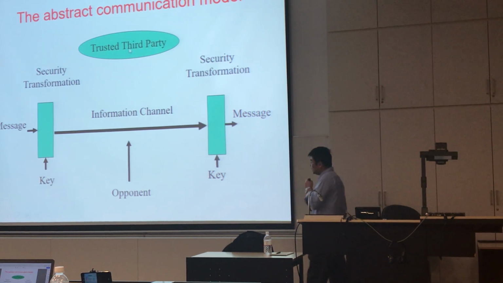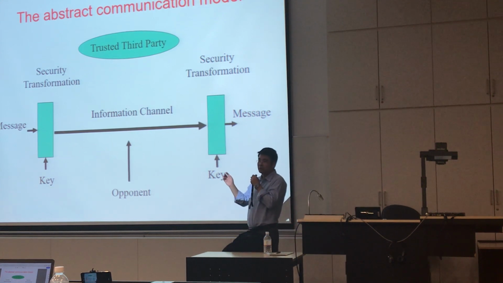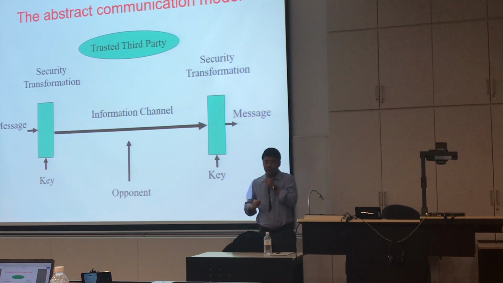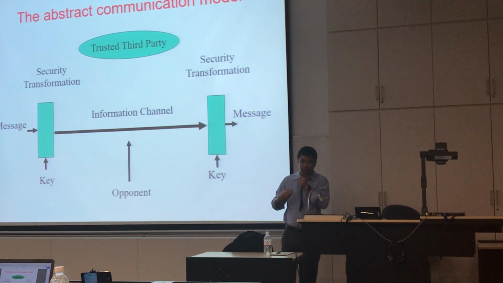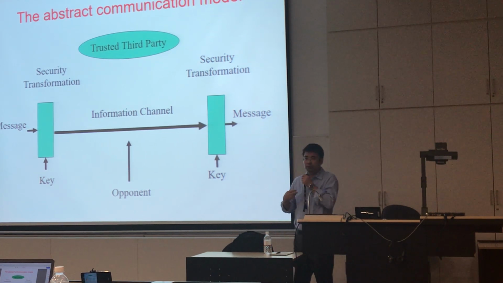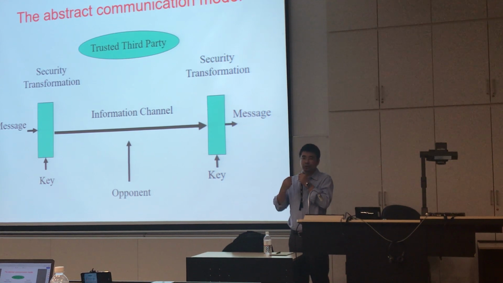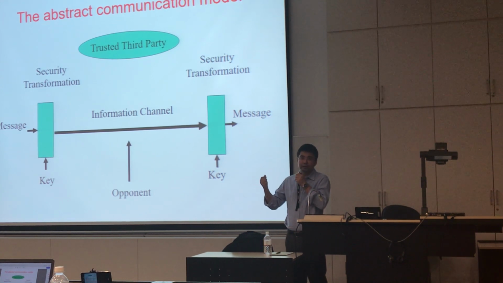Later when we look at public key infrastructure, we also have a trusted third party, the so-called certification authority. If you use HTTPS and want to set up a server with an HTTPS connection, you need to obtain a certificate. The certificate is issued by a trusted third party, for example Symantec.